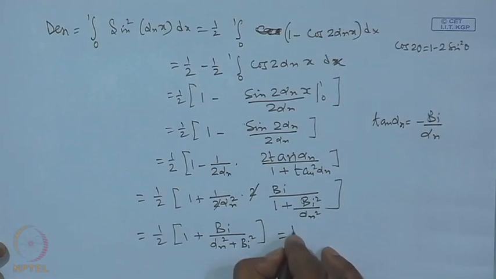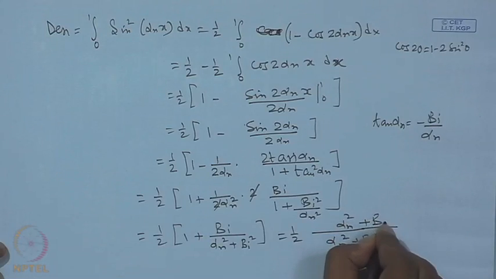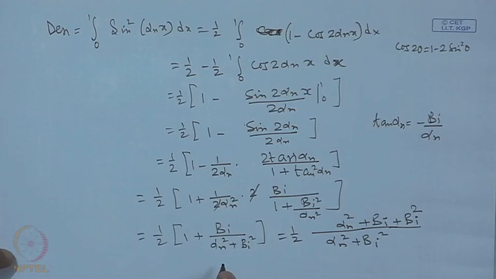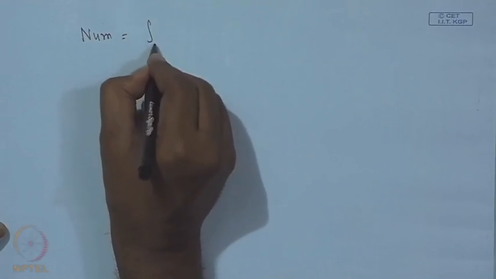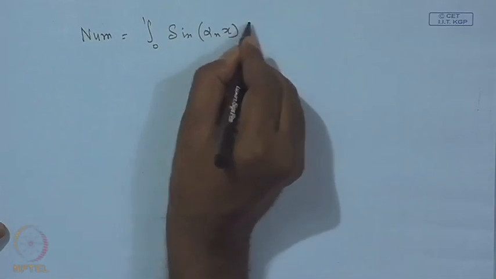So, this becomes half, alpha n square plus Bi plus Bi square divided by alpha n square plus Bi square, and that goes in the denominator. If we look into the numerator, it becomes integral 0 to 1 sin alpha n x dx.